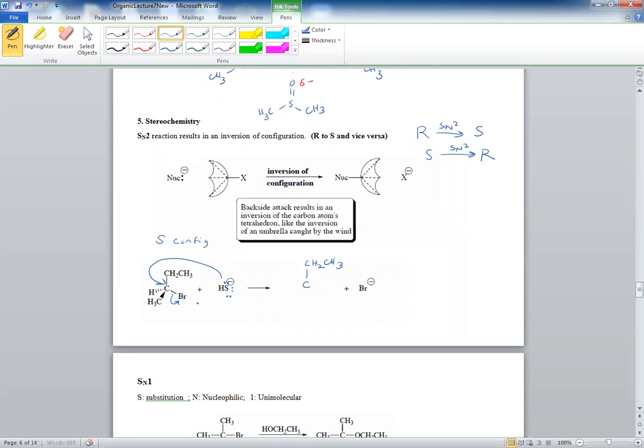So remember, we would draw the mirror image of that. So now the H is right here. The CH3 did not change. And then this would be the SH right there.